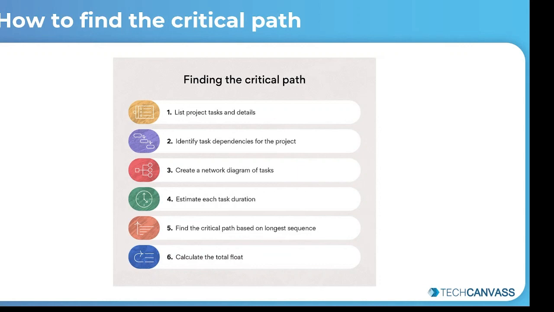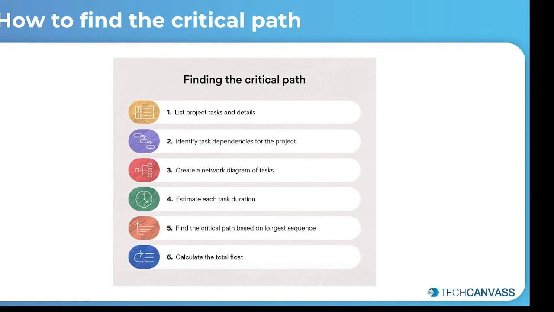So you will see a breakdown of steps here. To start with, the first one is listing activities. Use a work breakdown structure to list all the project activities or tasks required to produce the deliverables. The list of activities in the work breakdown structure serves as the foundation for the rest of the CPM.